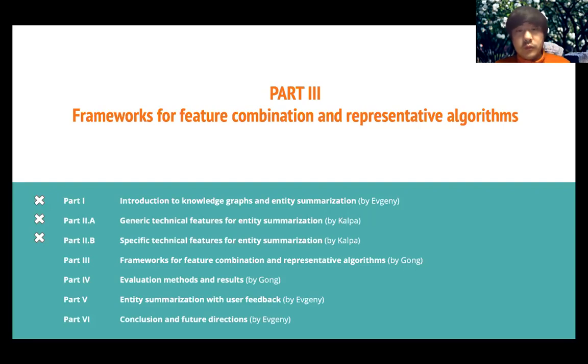During this introduction, I will also illustrate with several representative algorithms for entity summarization. So in the following, you will know how to combine multiple features, and also you will see some typical solutions to entity summarization.